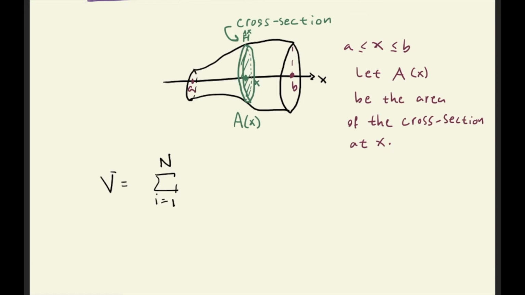The volume is the base, say this is x_i, one of the sample points, times height. This is the volume of the tiny cylinder. You add all of them up, and then you send delta x to 0, which is the same as sending the number of samples that you take to infinity.